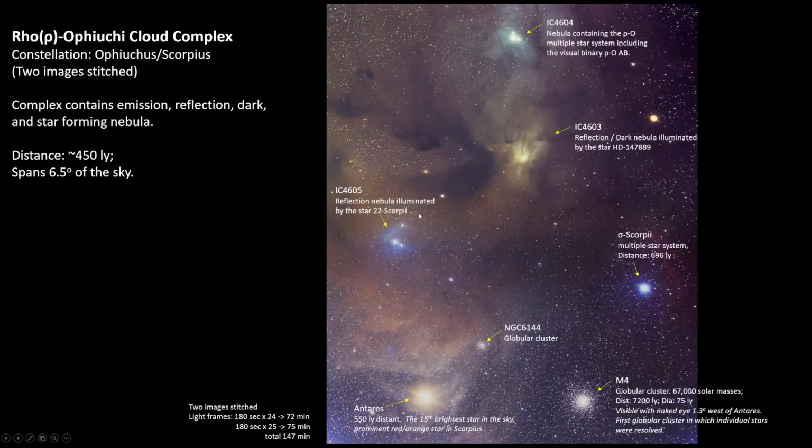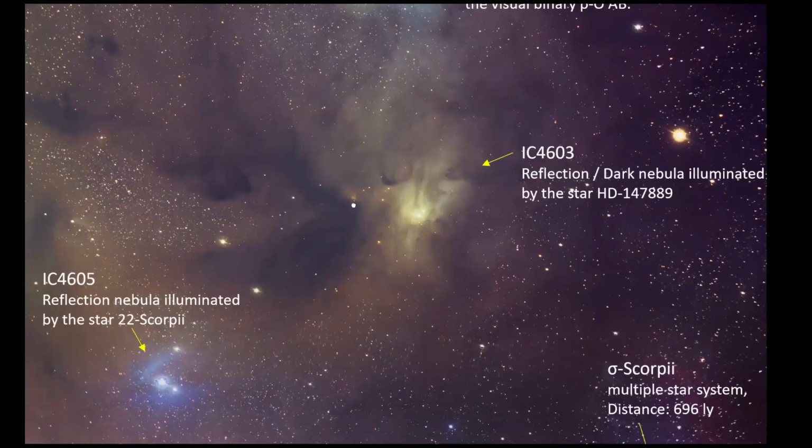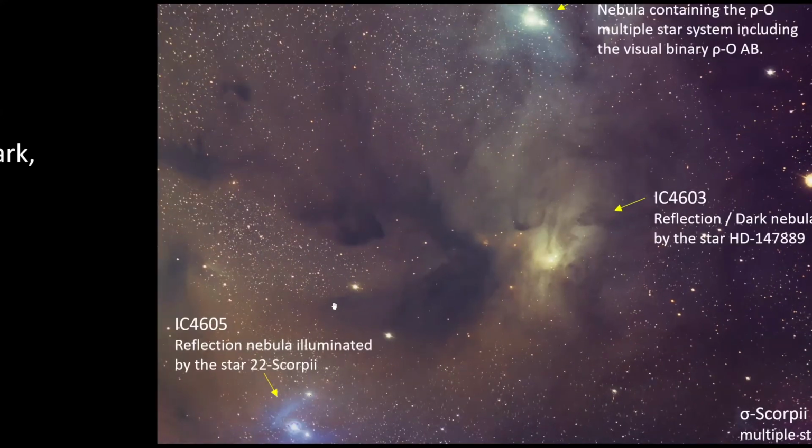There is here a reflection nebula that is illuminated by the star 22 Scorpii, a visual binary in the namesake of this area of the sky, the visual binary Rho Ophiuchi. In the center is a great example of a dark nebula that gives a very good window on the sky's 3-dimensional feel when you can see this dark cloud that blocks out the stars that are behind it.